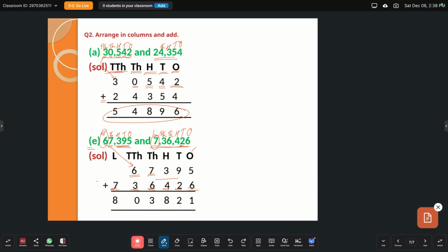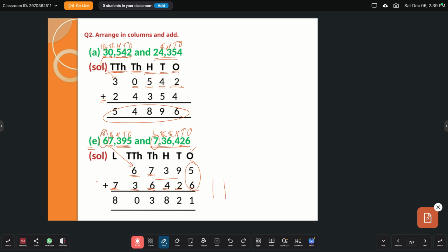Okay. So, now, after arranging them in the columns, we will start our addition. Okay. So, we will add first the addends of the ones column. What is 5 plus 6 equal? It's equal to 11.